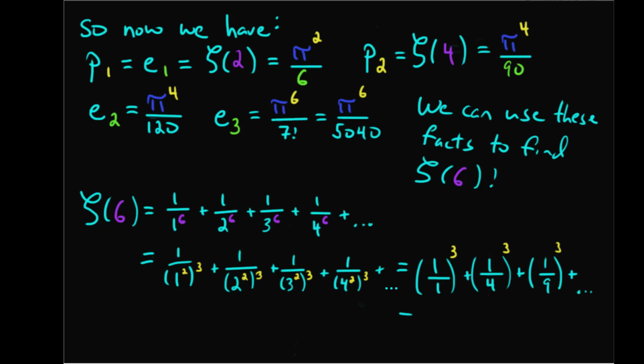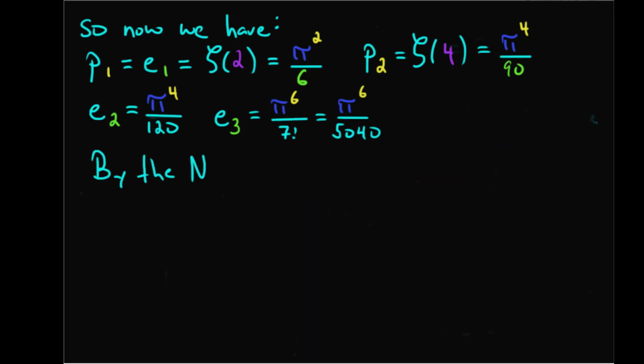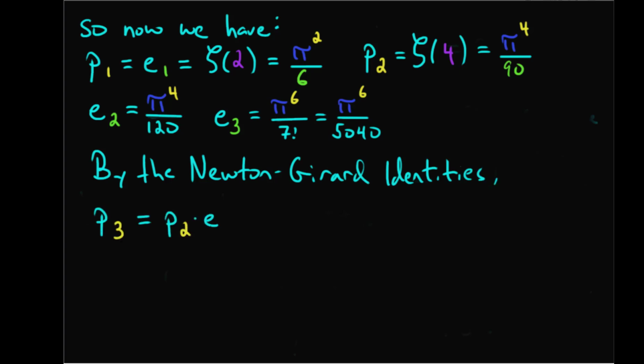So if these are our elements, 1 over 1, 1 over 4, 1 over 9, etc., then 1 over 1 cubed plus 1 over 4 cubed plus 1 over 9 cubed plus dot dot dot, that's just the power polynomial P3. And now by the Newton-Girard identities, P3 equals P2 times E1 minus P1 times E2 plus 3 times E3. So let's plug in our values.